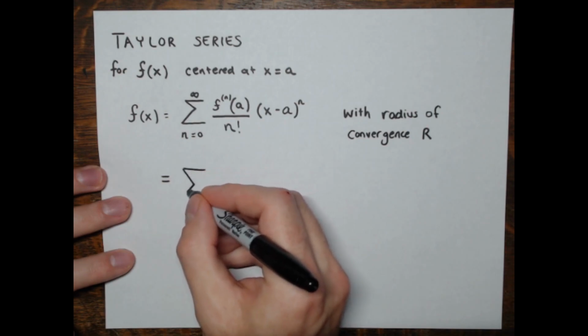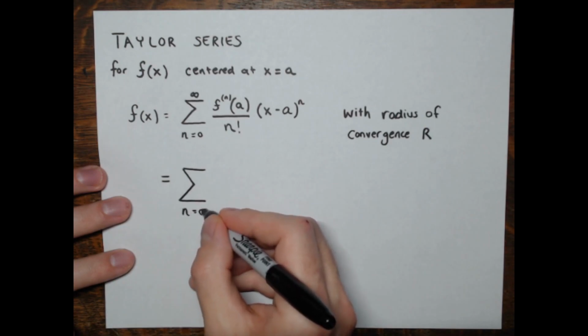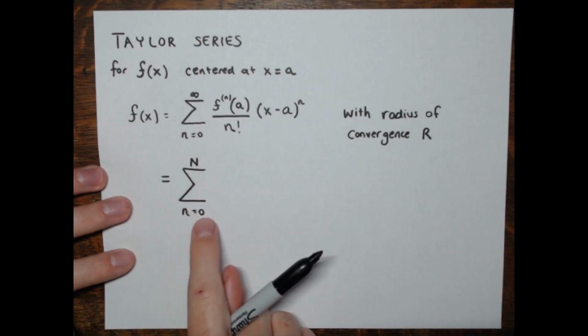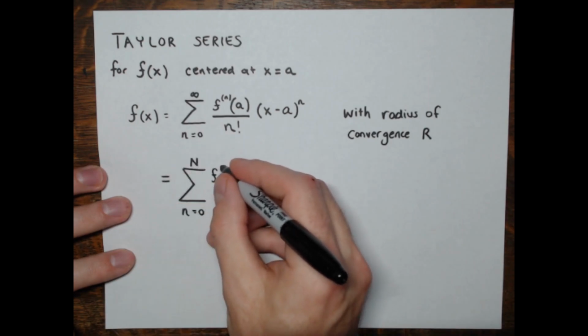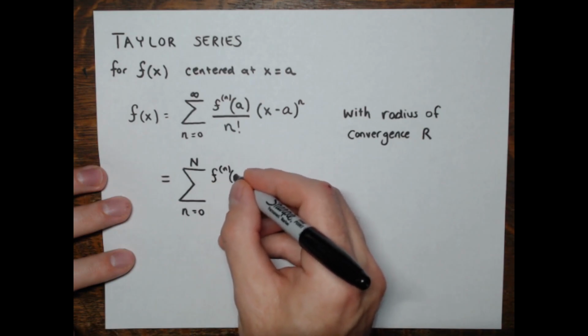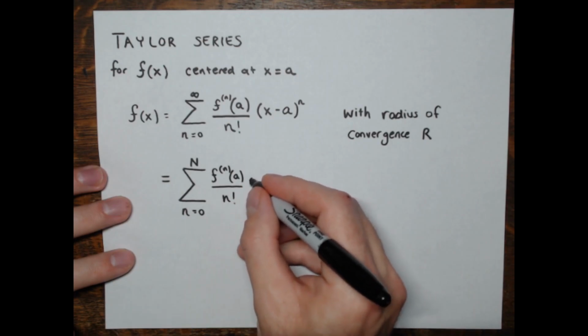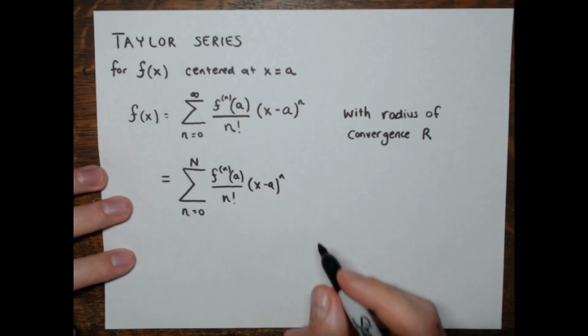We use what they called the nth Taylor polynomial. So I can say this is the sum from n equals 0 to capital N of these terms, right? Again, the nth derivative of a divided by n factorial times x minus a, to the nth.